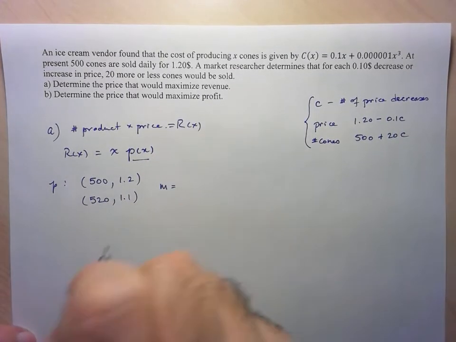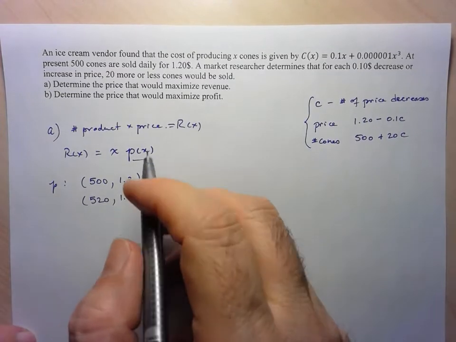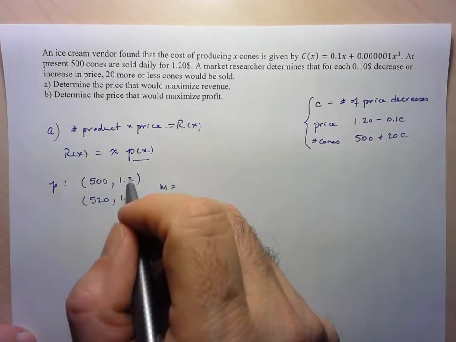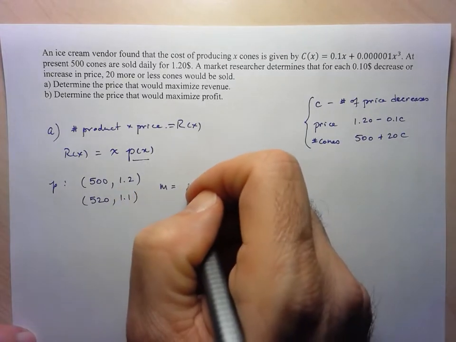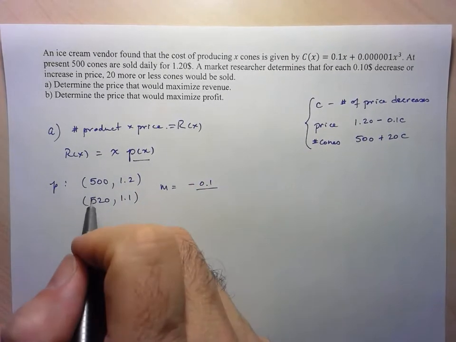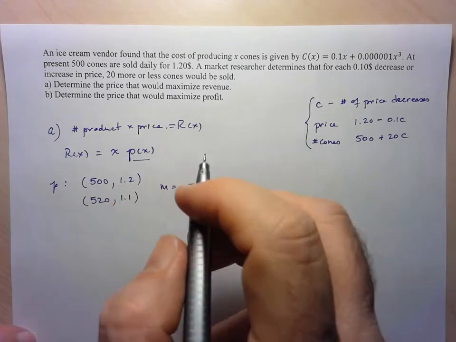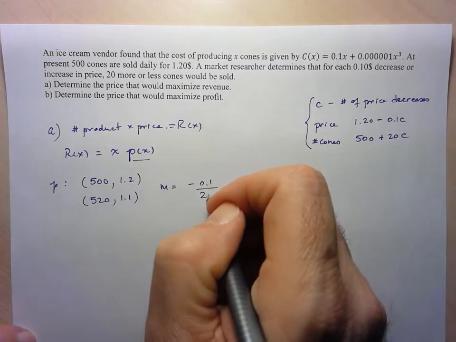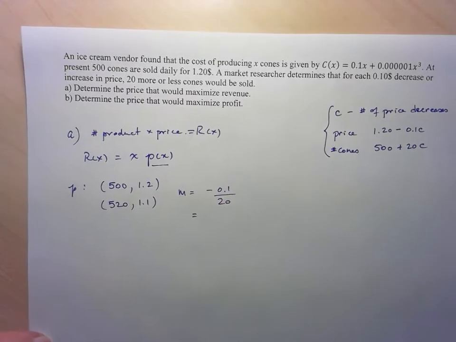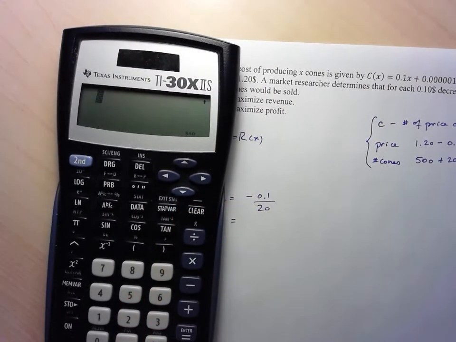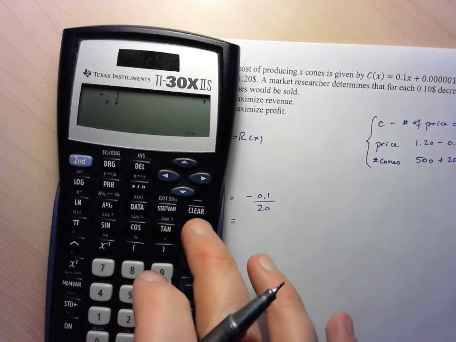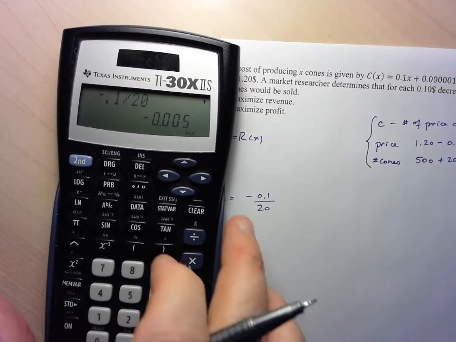Okay, so the slope is going to be, well, y2 minus y1, so 1.1 minus 1.2, so that's negative 0.1, and then 520 minus 500 is 20, so my slope is just equal to, let's get the calculator, negative 0.1 divided by 20 is negative 0.005.